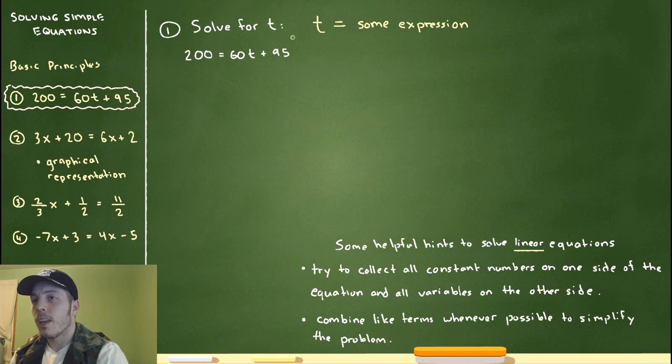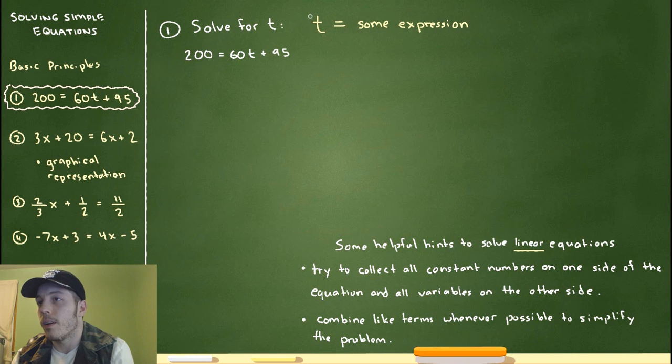So essentially, when we're solving for t, we're trying to find the t value such that it makes this equation true. So what value of t will make this right expression equal to 200? Well, if we could get to this point here, then we'll know our answer.